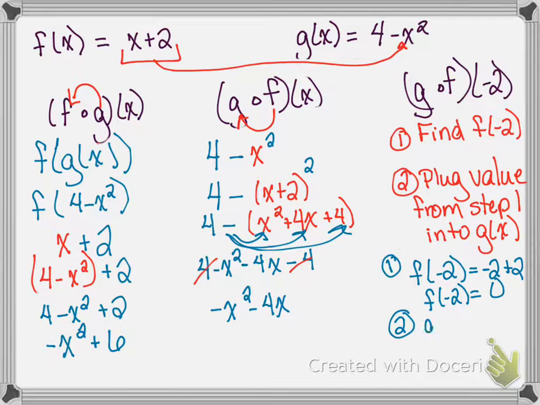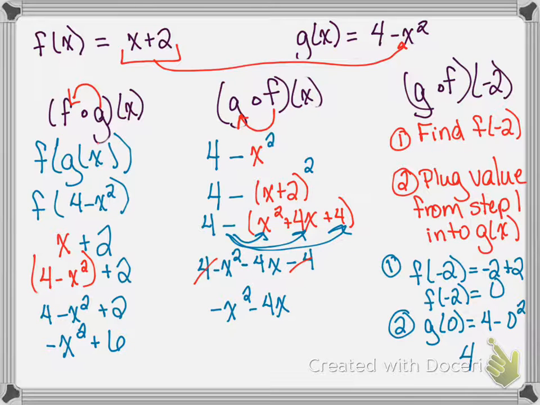So I'm going to have g of 0. Okay, so what is that? What's 4 minus 0 squared? Did you say 4? Yeah, it's 4. Good job. Okay? Now, this is g composed of f of negative 2.